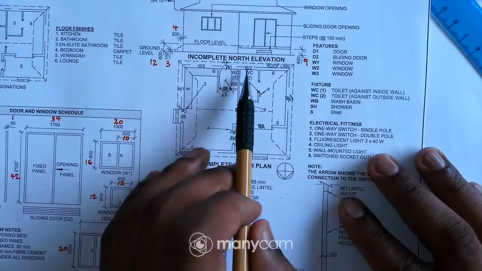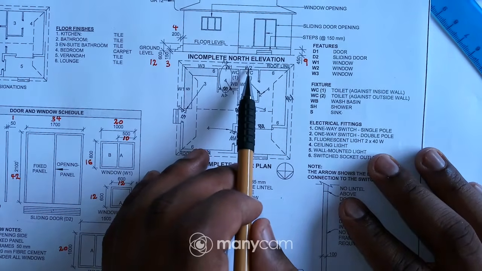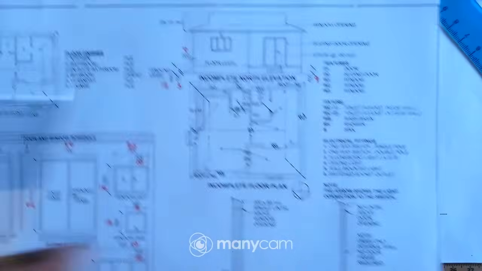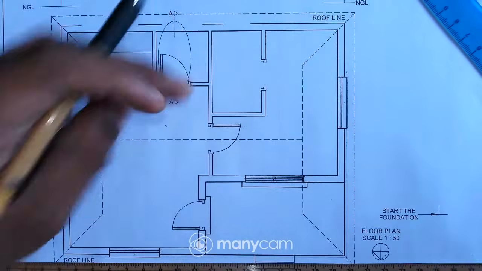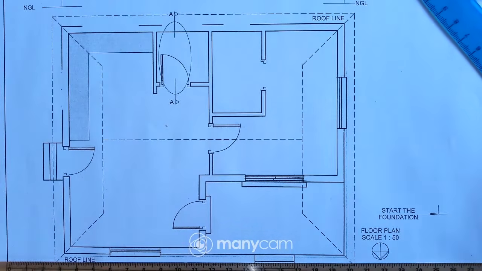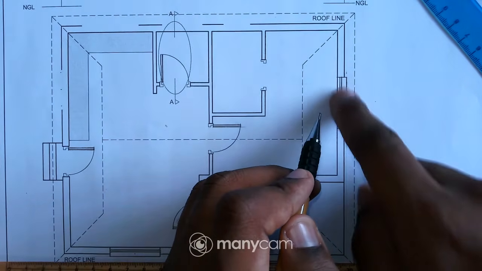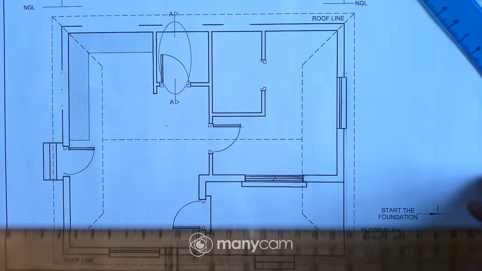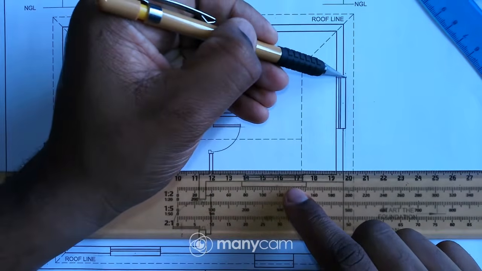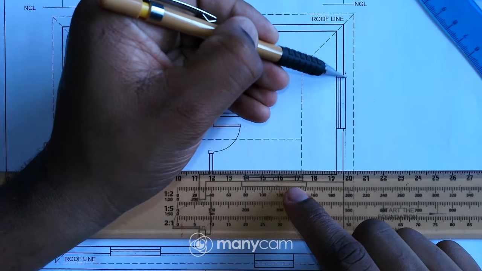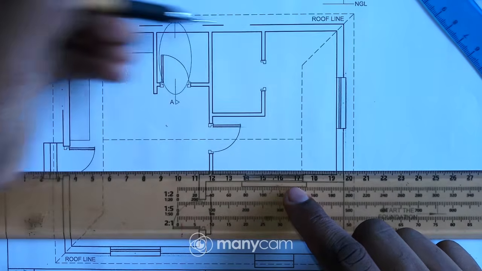So I'll just start by adding window 2 from the bathroom. So obviously it's right there. Now because I've drawn this window, I can just project this windowsill to this side.